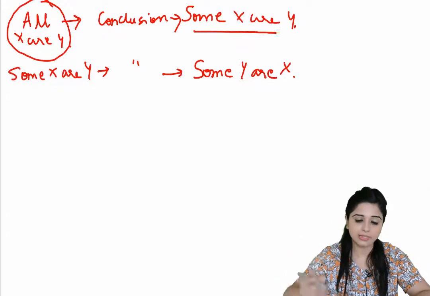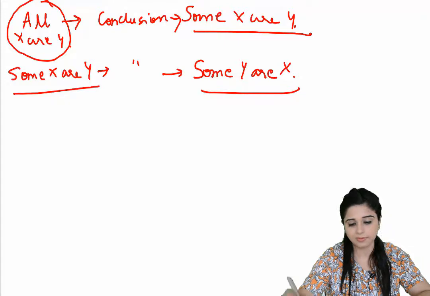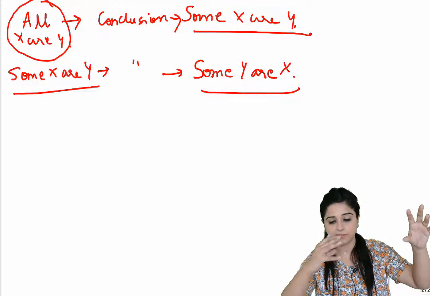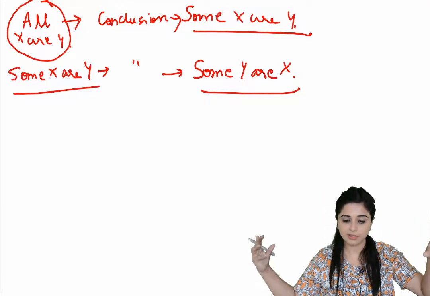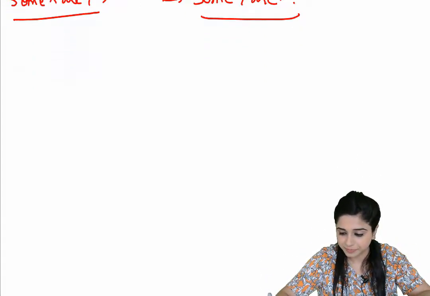Is it now easier to understand? All x or y, some y or x, some x or y, it's the same thing, right? Great. If you could understand that bit perfectly, great. If you couldn't, do let us know. We'd be very happy to do a reclass on that. All right.